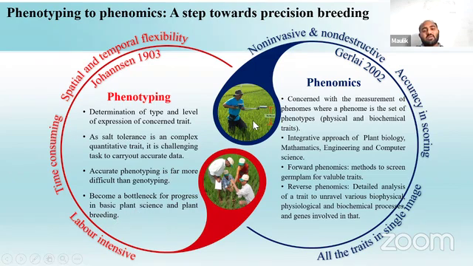So, how to take precise observations? Using the phenomics approach, concentrating on the measurement of phenomes, where the phenome is the set of phenotypic, physical and biochemical traits. It is an integrative approach of plant biology, mathematics, engineering, and computer science.